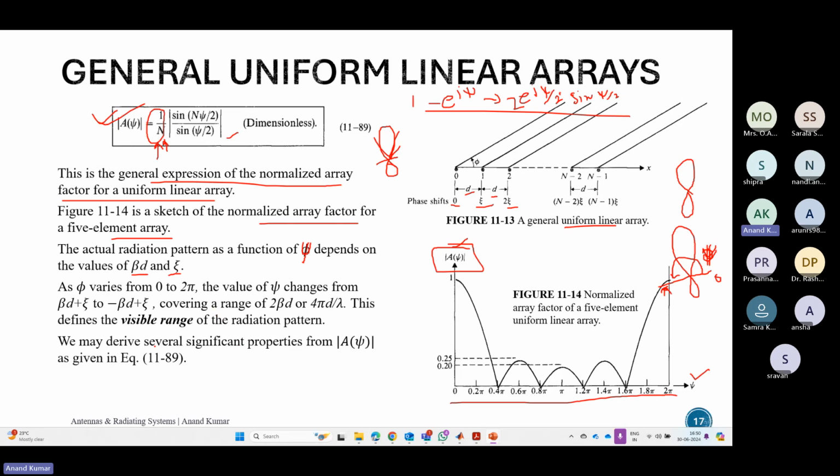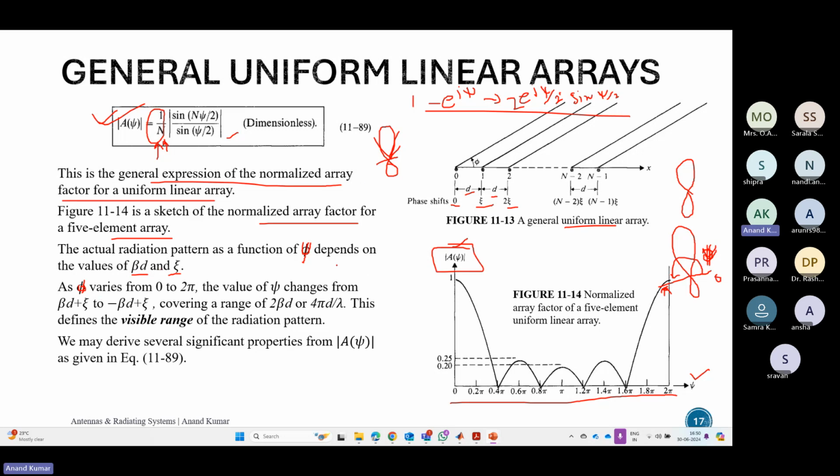Okay. So we plotted this from 0 to 2 pi over here, as phi varies from 0 to 2 pi.